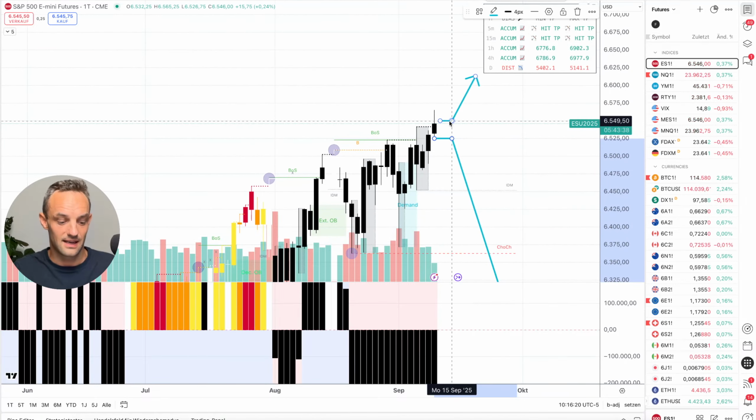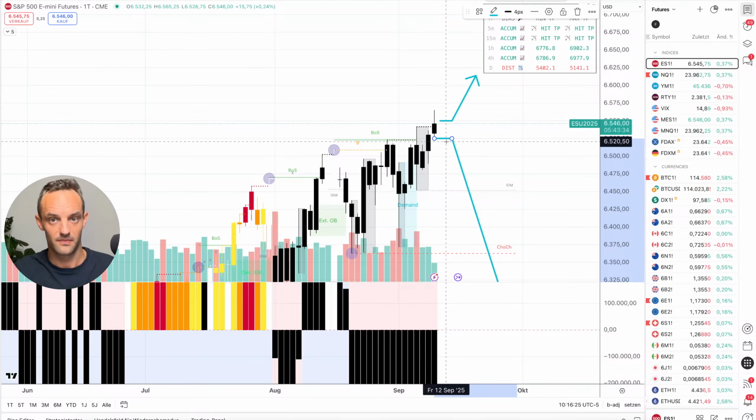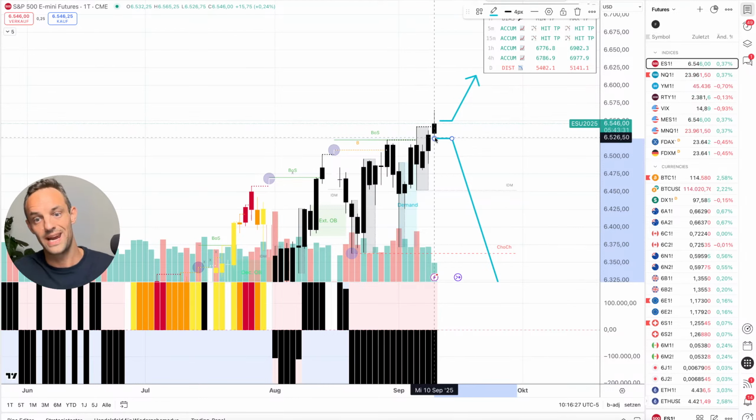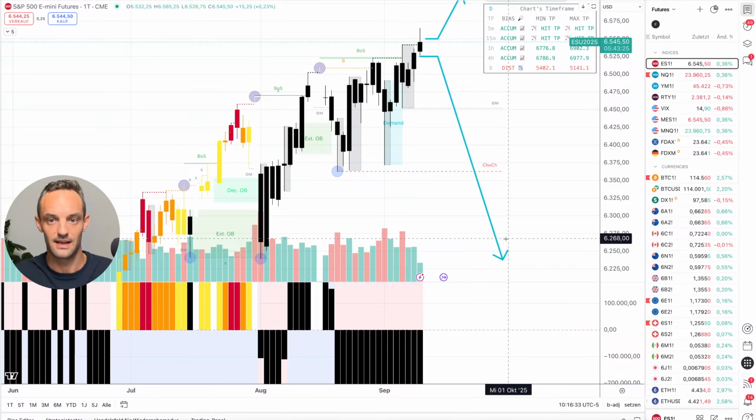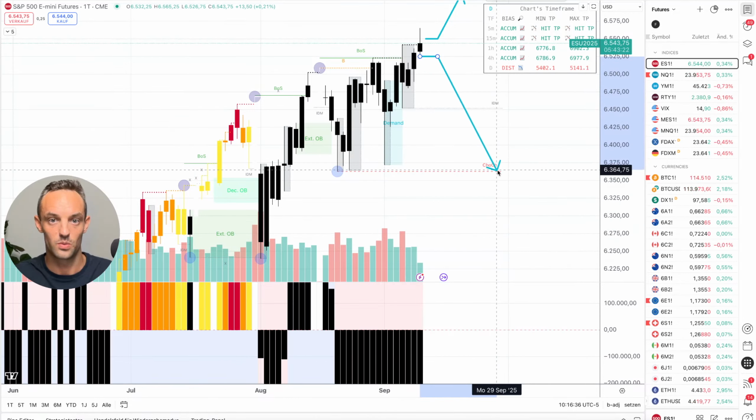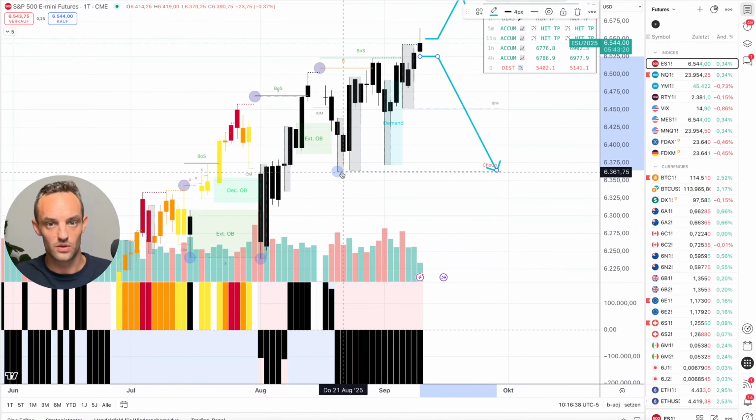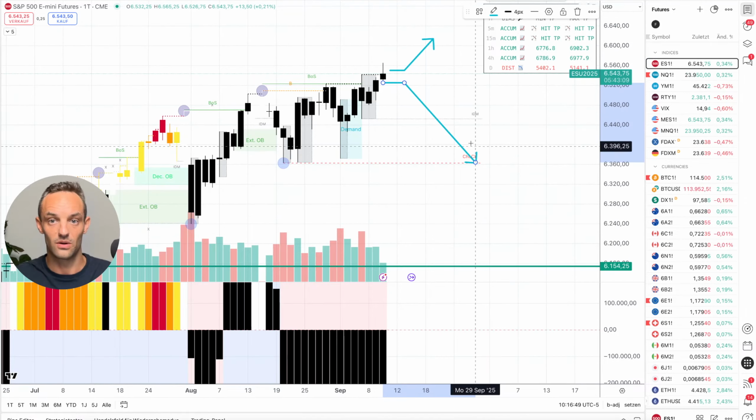But if the sellers are coming, and we will see them on the lower time frame first, and they make it to break today's low, then I think it's very obvious that we will see new lows, and we will see in the S&P 500 this level of 6,400, 6,300, or maybe even lower within the next week.